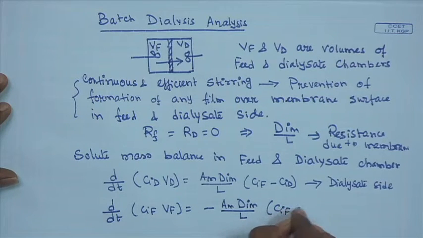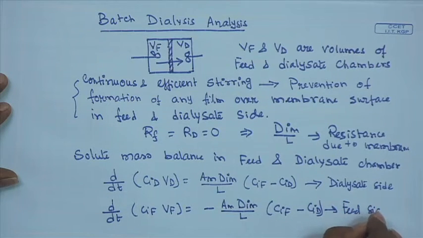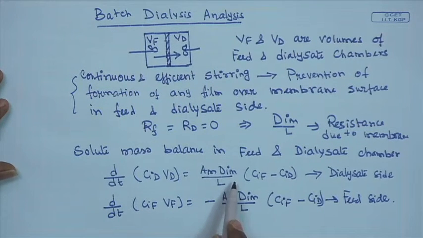The amount remains the same. So, this is the feed side solute balance. The dialysate side will be enriched by the solute transport, and the feed side will be stripped by the solute transport.